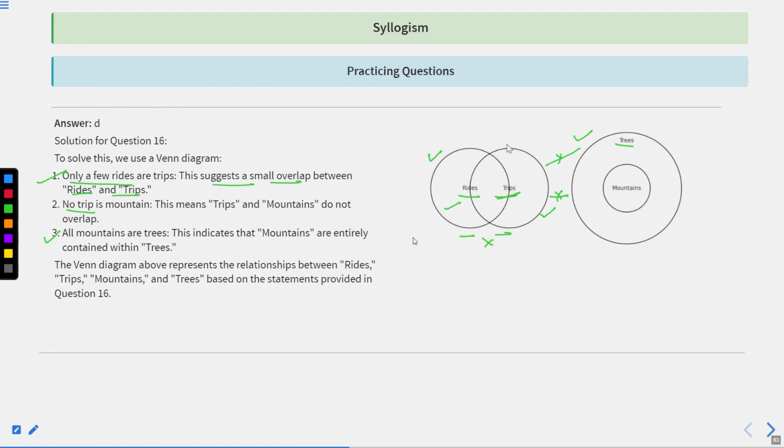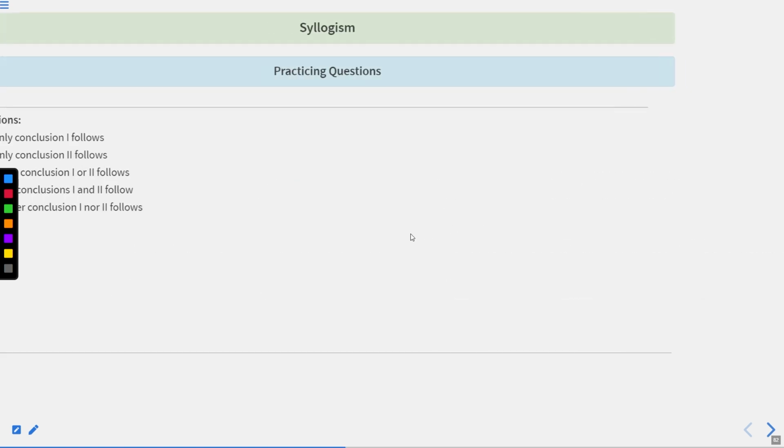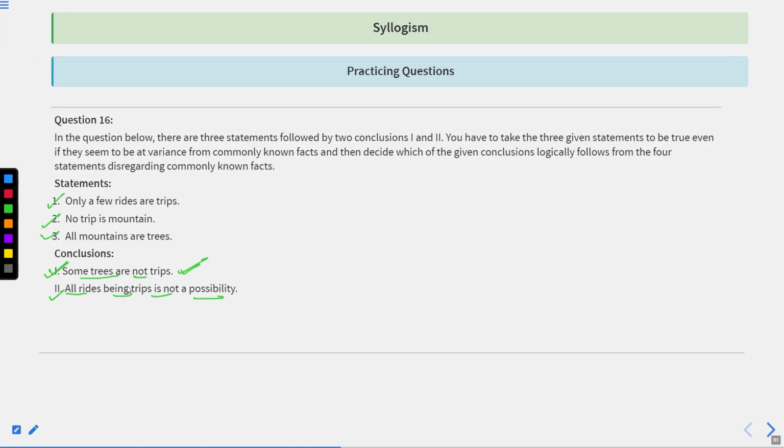So the second conclusion is also correct, because it has been clearly mentioned that only a few rides are trips. Both conclusions are true. If these two words had not been there, both conclusions would have been false.